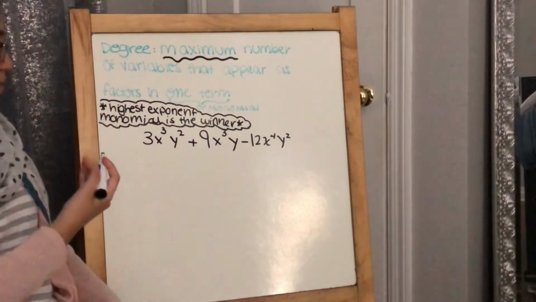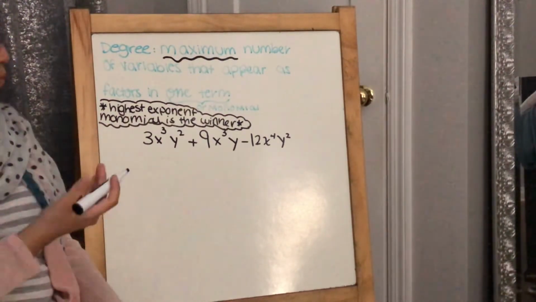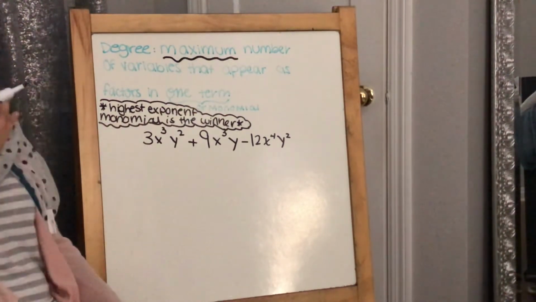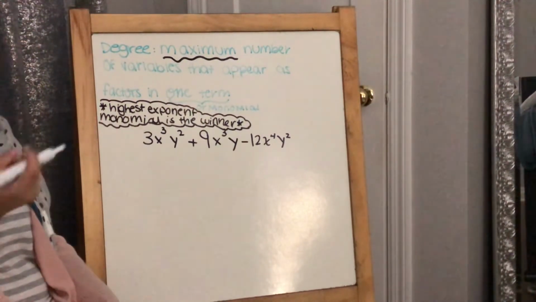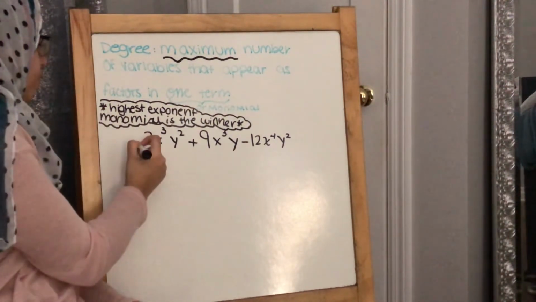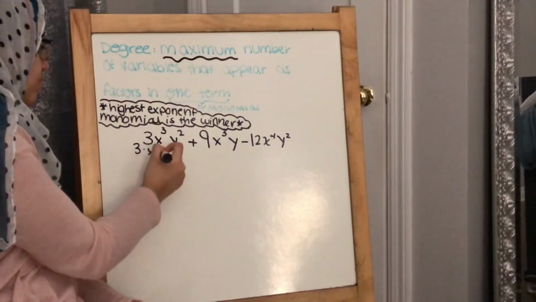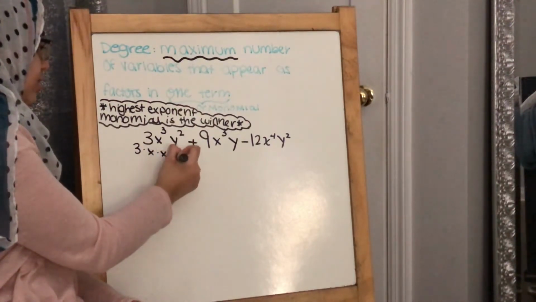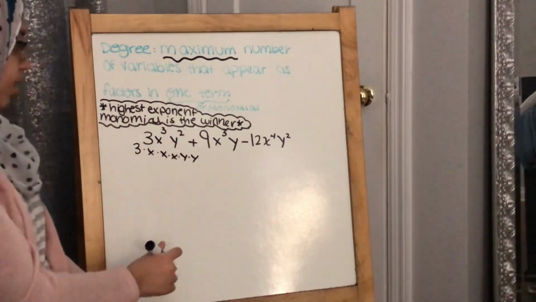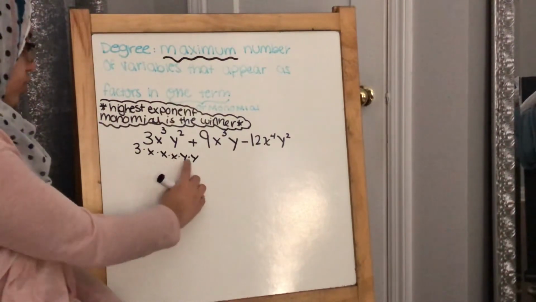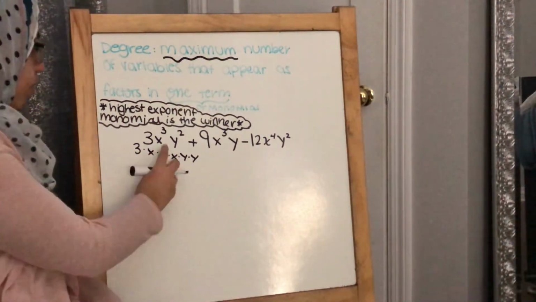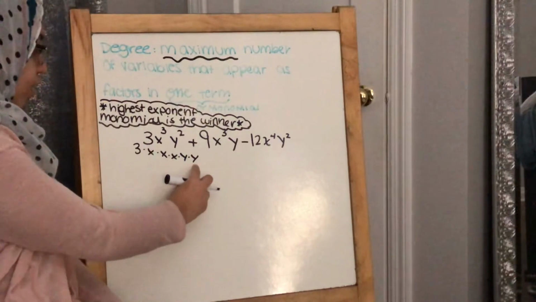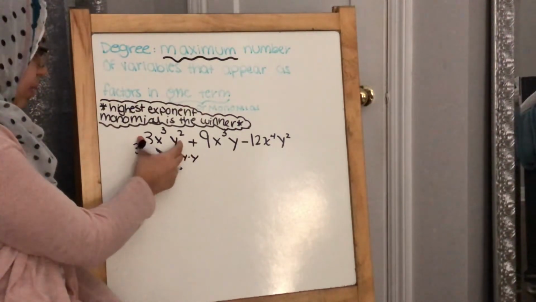So when we add up all the exponents, which term has the highest sum of the exponents? So over here, we have 3 times x times x times x times y, right? because 3x cubed y squared. We can see that there are 5 variables in this monomial.